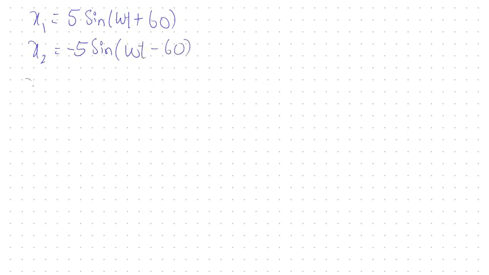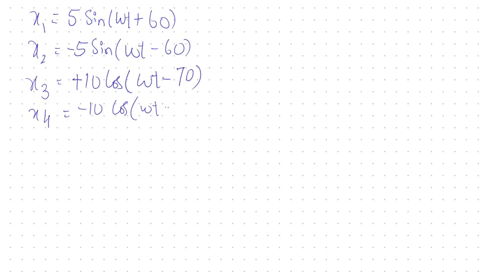Say x1 equals 5 sine(omega t plus 60 degrees), x2 equals minus 5 sine(omega t minus 60), x3 equals say plus 10 cos(omega t minus 70), x4 equals minus 10 cos(omega t plus 40).